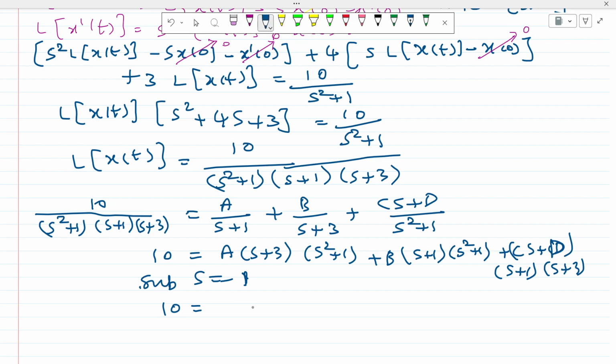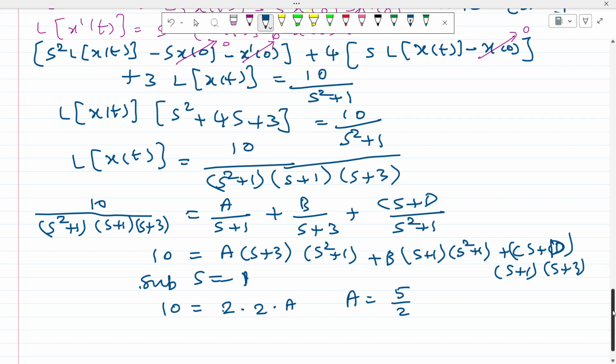So 10 equals, with s equal to minus 1, minus 1 plus 1 is 2 and 2 into minus 1 plus 3 is 2, so 2 into 2 into a. That means a equals what? 10 by 4, which is 5 by 2. A equals 5 by 2.